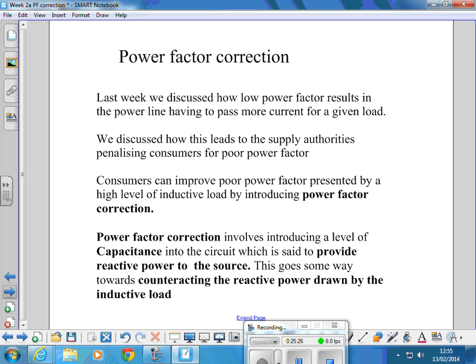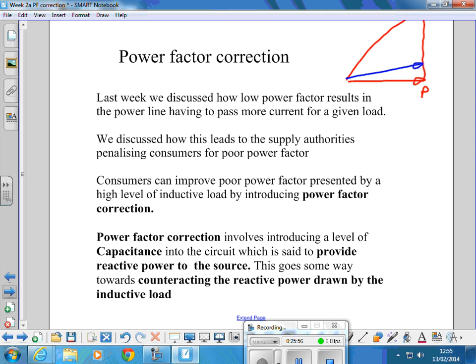So in summary, if this is the real part of our load, with bad power factor, a steep angle, the length of that line in current terms is much longer than if we had a much better, higher power factor down here.